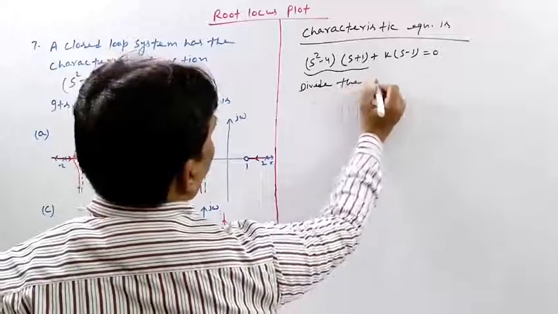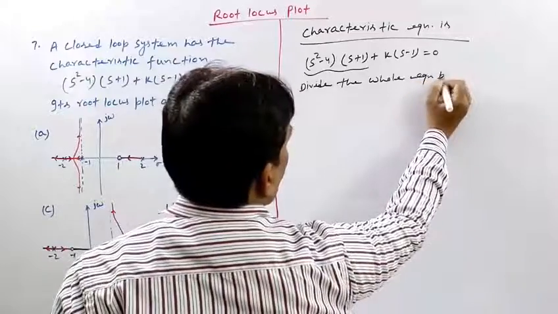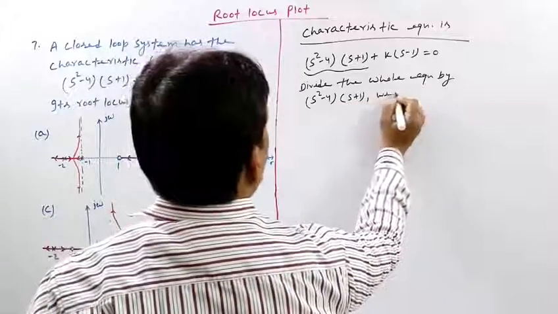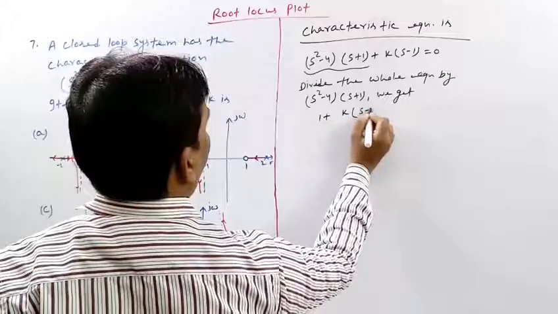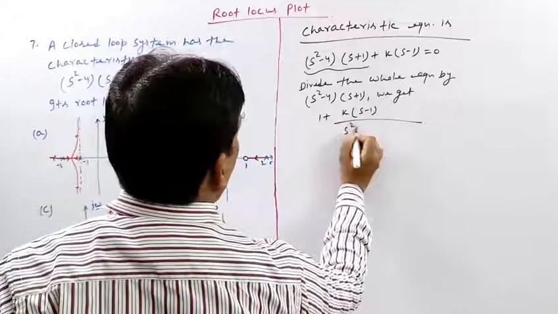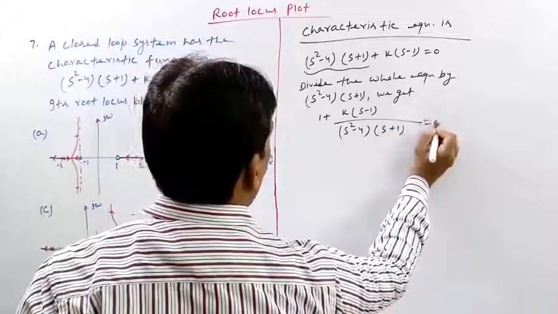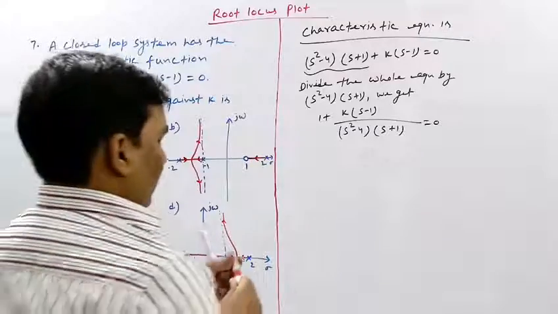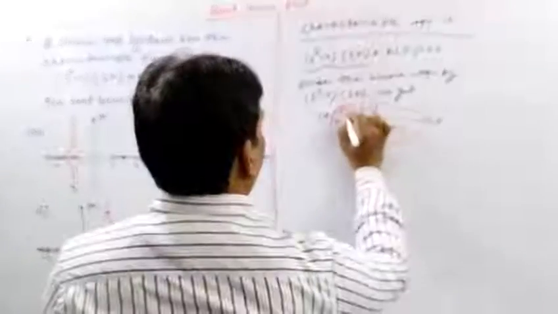What we get is 1 plus K multiplied by (s minus 1) divided by (s square minus 4 multiplied by s plus 4) equal to 0. Now this is nothing but G(s) H(s).